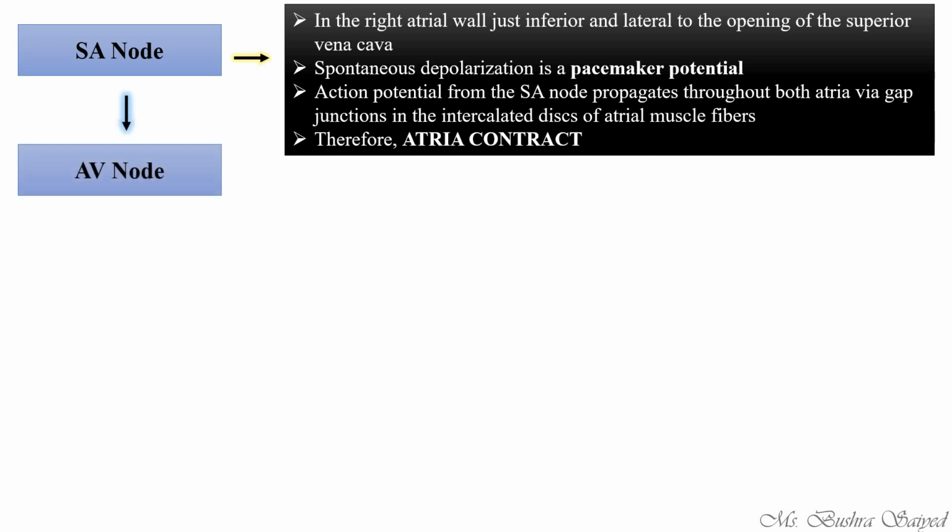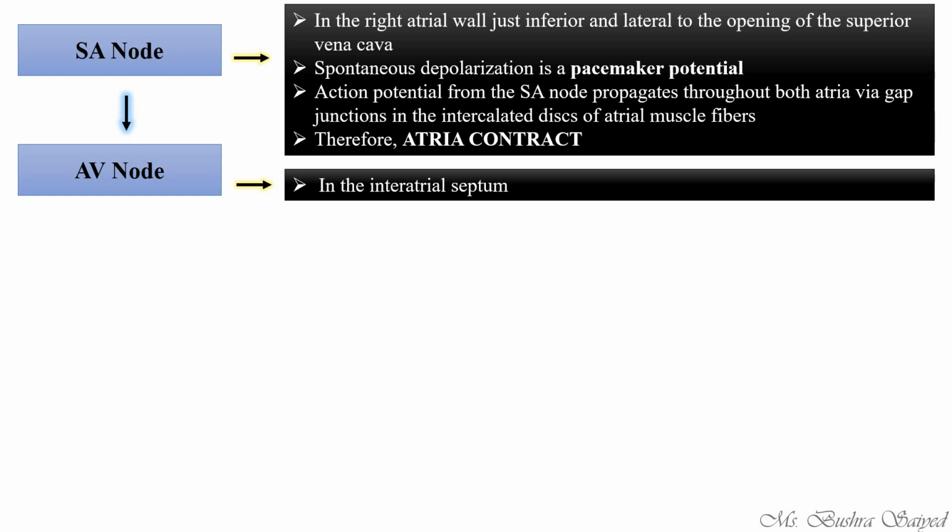This action potential is now carried to the next fiber, that is AV node or atrioventricular node, located in the interatrial septum. From AV node, the action potential passes into AV bundle or bundle of His. Remember that bundle of His are the only fiber which could transfer the action potential from atria to ventricles.